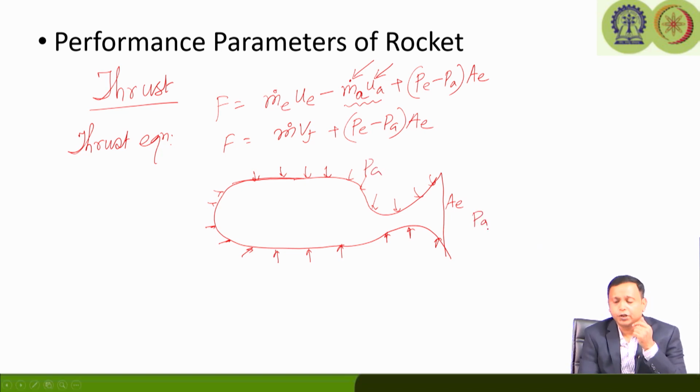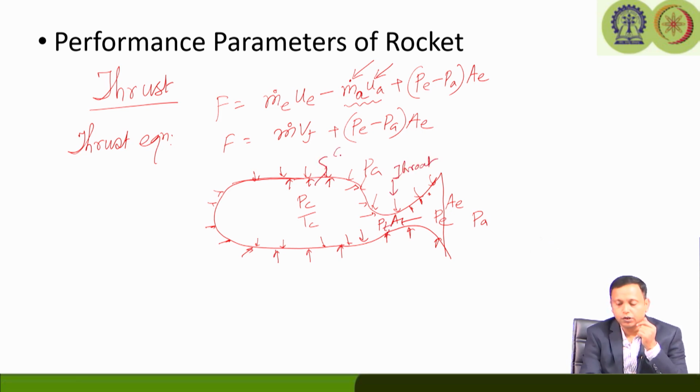The exit pressure is Pe, the throat area may be At, the chamber pressure can be Pc, and the chamber temperature can be Tc. The chamber pressure is acting internally everywhere inside the rocket. Here, of course, your pressure will change because the throat is there. So, this part is the throat, this is the combustion chamber, and this is the exit of the nozzle.